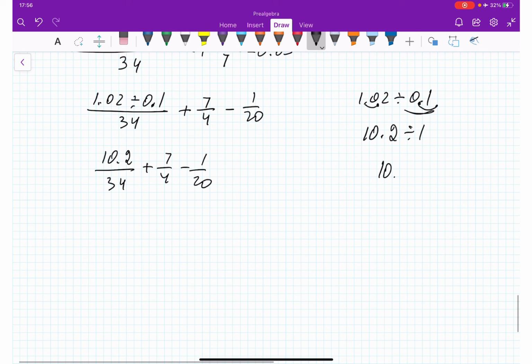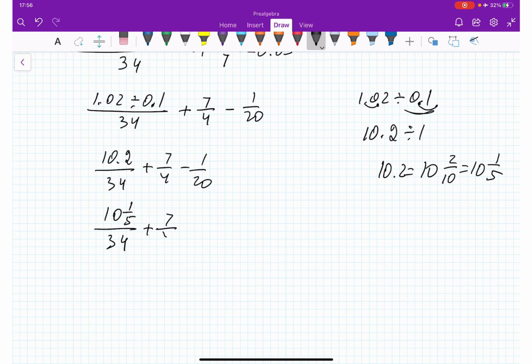Now 10.2 is 10 and 2/10, which is 10 and 1/5, right? So if we convert, let me write down 10 and 1/5 over 34 plus 7/4 minus 1/20.